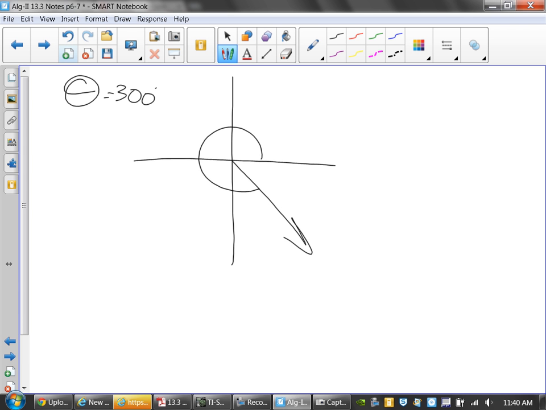No. It's 360 minus theta. So it's 60 degrees here for the reference. Now, if I'm talking about that in terms of radians, what's 360 in radians? 2 pi. So you take 2 pi and you subtract theta.